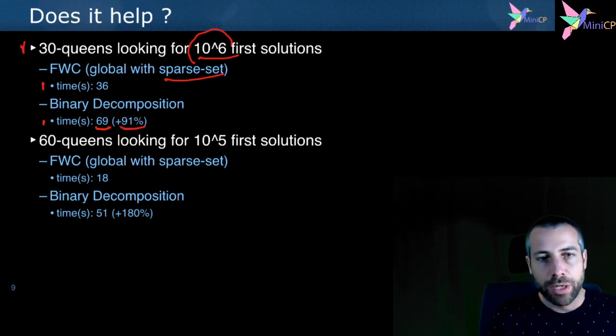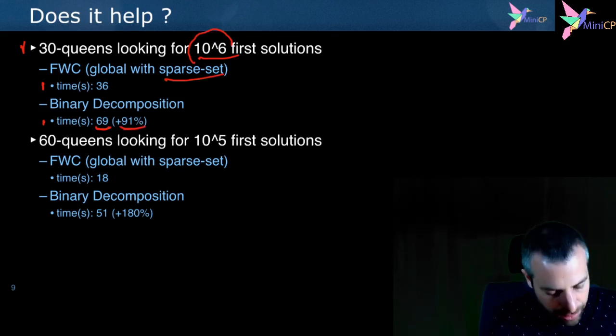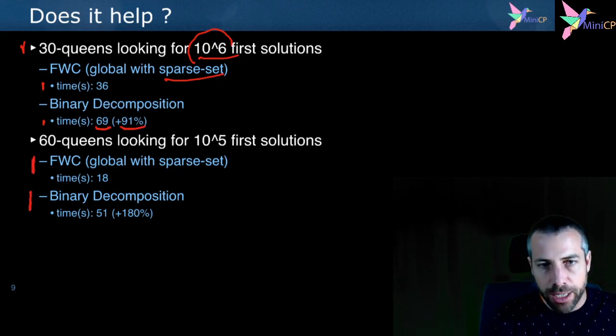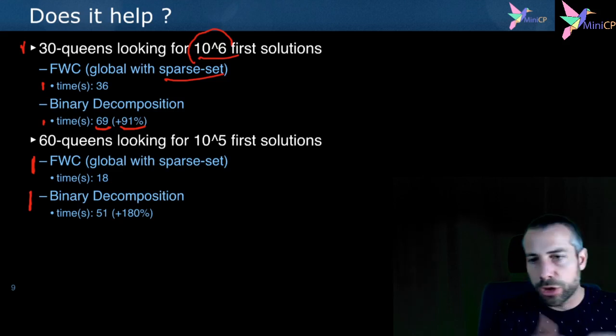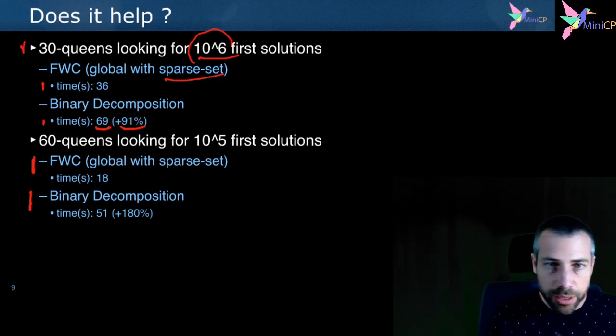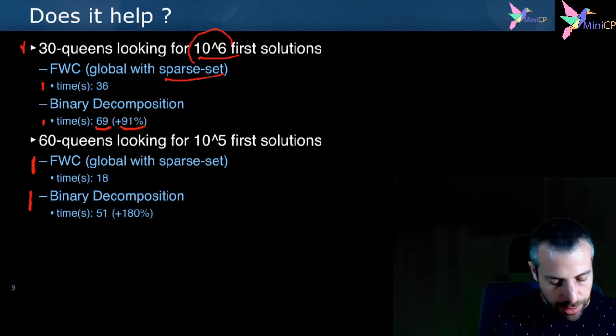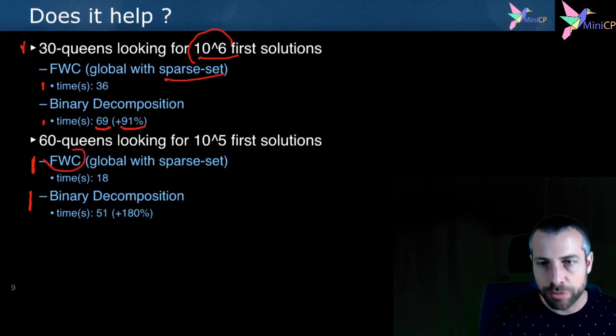So when you increase the number of solutions and the number of variables, you see that the speedup is larger and larger. For very large problems with hundreds of variables rather than 15, you can have substantial gains by using this sparse set idea to speed up the forward checking filtering of the all different constraints.